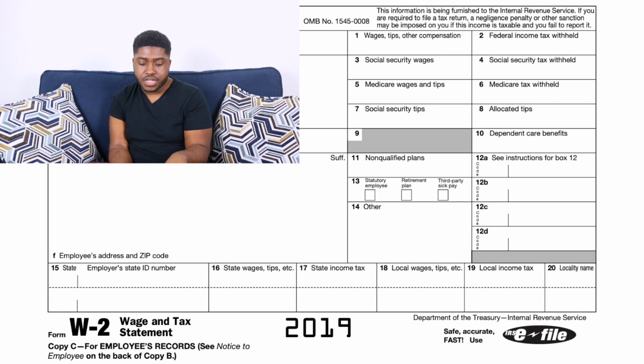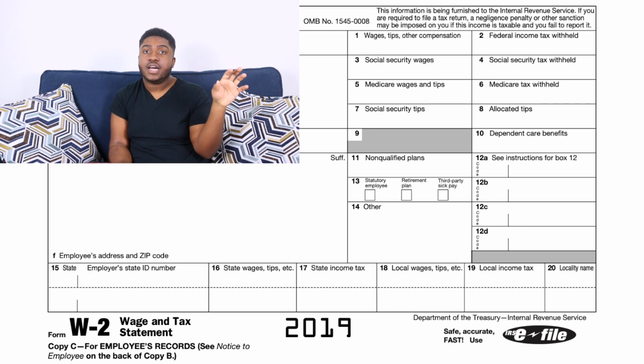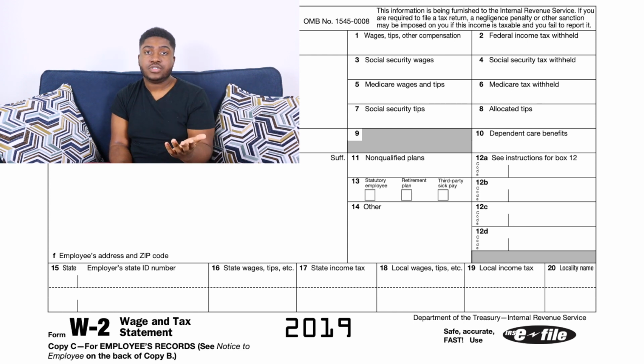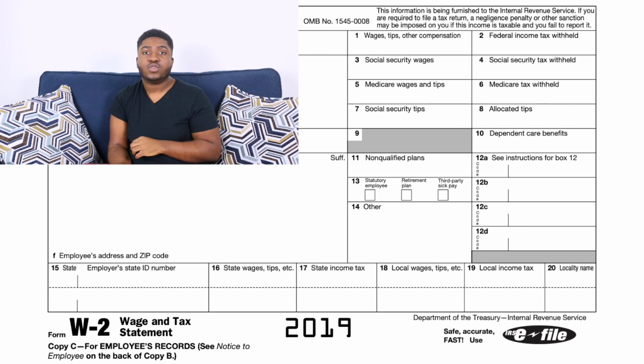And then for third-party sick pay, this is, we believe, generally an employee who, for example, might be on some sort of disability and being paid by the employer's insurance company or something like that. The income that the employee has received throughout the year from that third-party agency will be reflected as income to that employee. And if that was the case, then the third-party sick pay box will be checked off on your W-2.